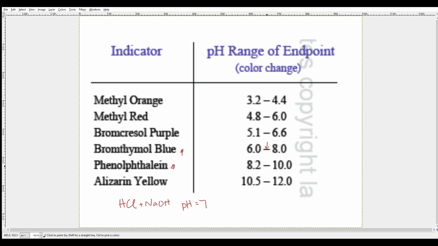And it looks like phenolphthalein is our winner. Winner, winner, chicken dinner. So if we are mixing a weak acid with a strong base, where we know the pH at the equivalence point is going to be about 9.1, then phenolphthalein is what we'd want to use because it'll change color around the equivalence point.